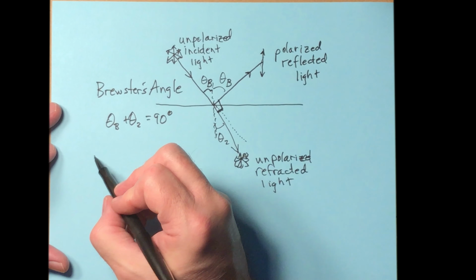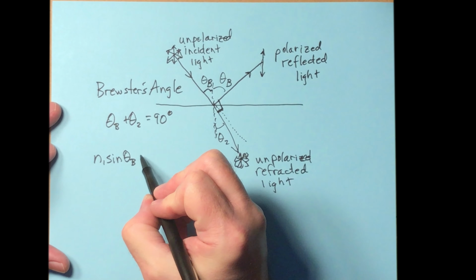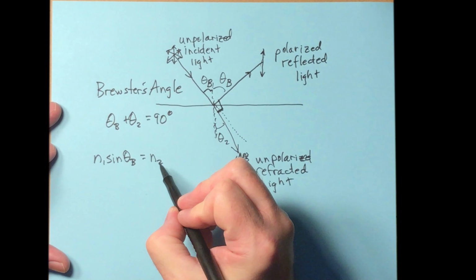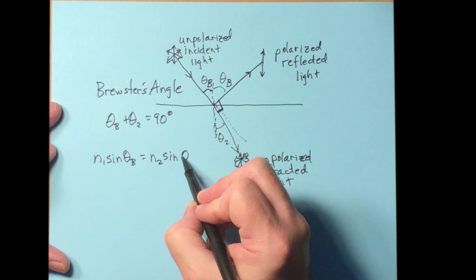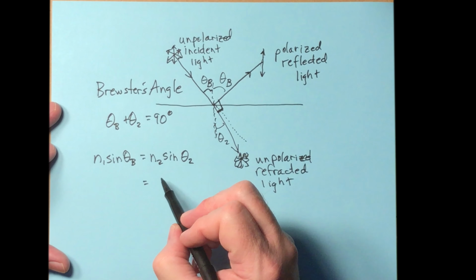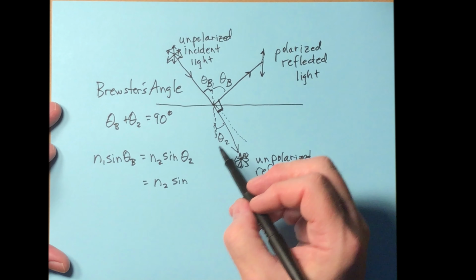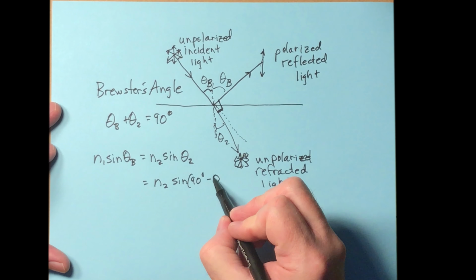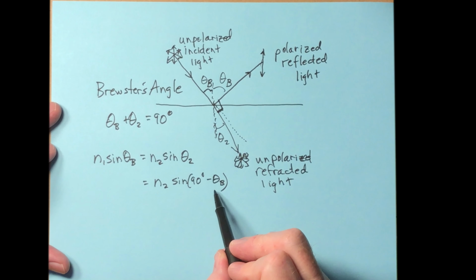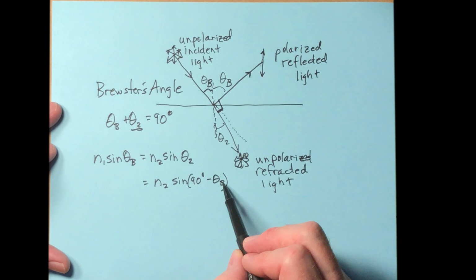In that case, N1 sine of theta sub b is equal to N2 times the sine of theta 2. And that's equal to N2 times the sine of theta 2, which is going to be 90 degrees minus theta b. Okay, so that's what theta 2 is. Just solve for theta 2 out of that equation and get that.